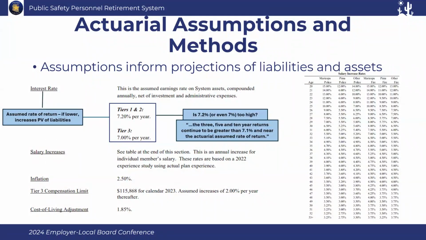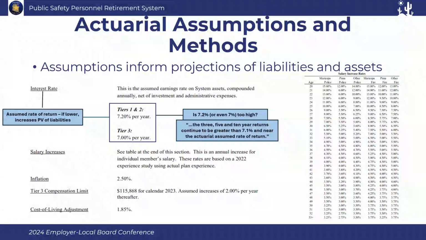So, while we might in theory debate whether it's too high of a rate, there's a proven track record of meeting around the actuarial assumed rate of return. That said, there are discussions on the board currently, and have been for a while, about whether we should harmonize those two rates so that they're the same, whether the 7.2 should go to 7, whether they should both go to 7.1, or even go less than 7.